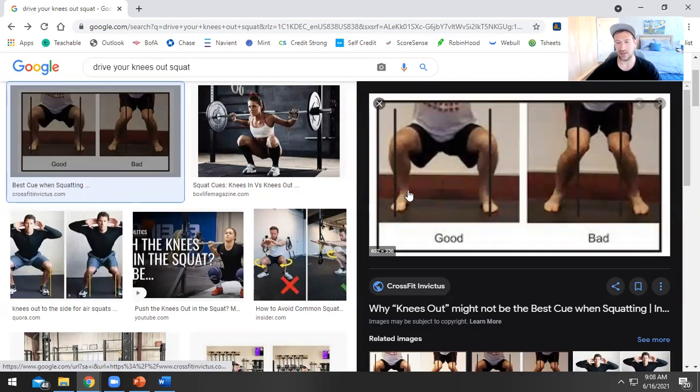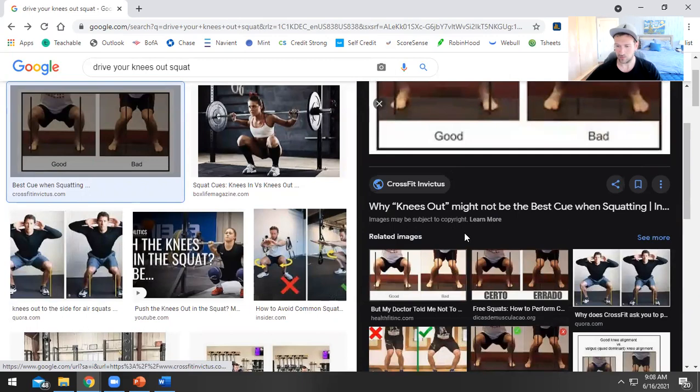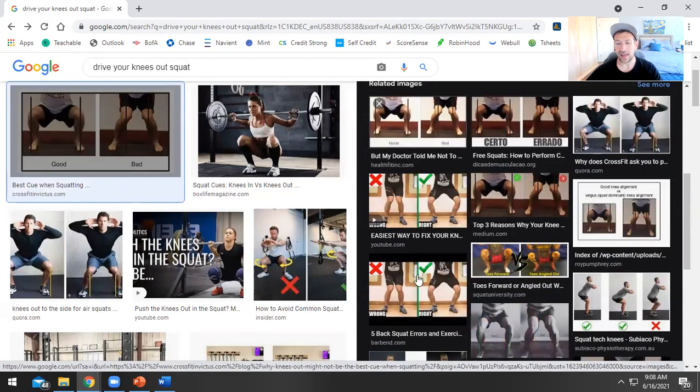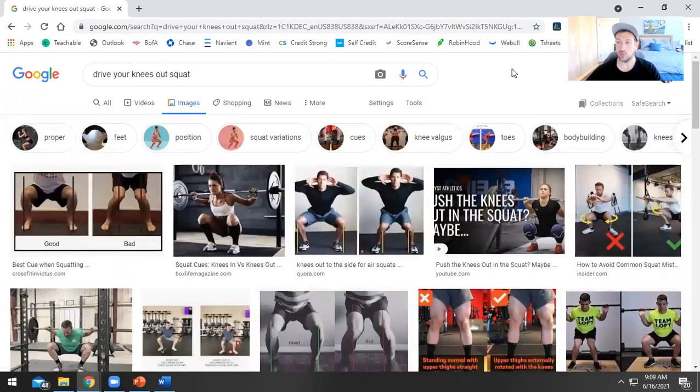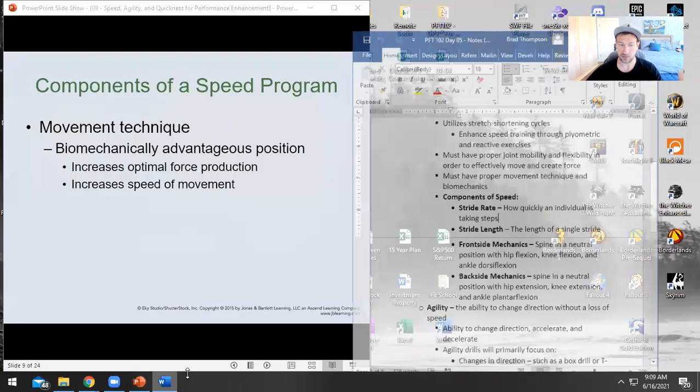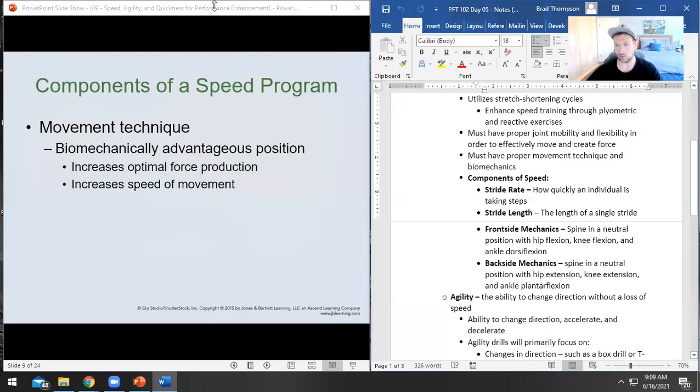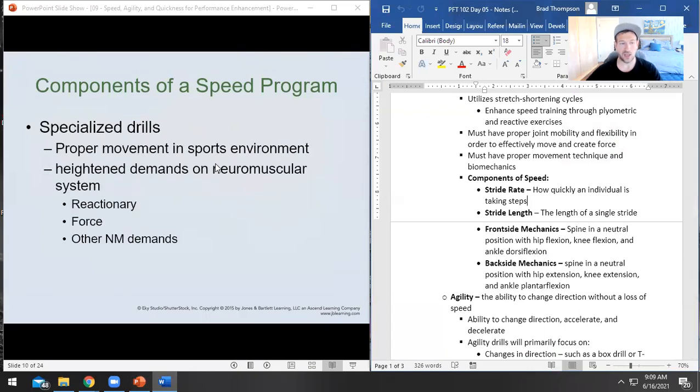You are better able to take advantage of using your quadriceps and glute muscles rather than having to strictly rely on adductors and certain parts of your quads. You're able to use your whole quad in this version versus just half of it in the other version. So that is exactly what we're looking for. This is why good form is so important. Obviously it's important for speed, but it's really important for pretty much everything that we do.